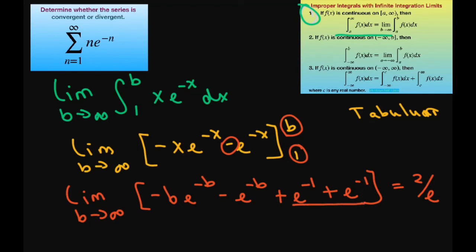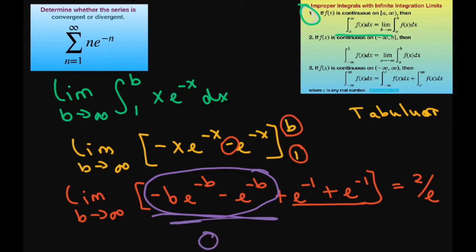Now, I want to look at this real quick. Looking at this, I want to show you why this is going to go to 0. This is going to be 0, and you have 1 divided by e plus 1 divided by e. This is where it converges to, but the reason it goes to 0 is by using L'Hopital's rule. So if you use L'Hopital's rule, we'll take the limit as b approaches infinity of b times e to the negative b.